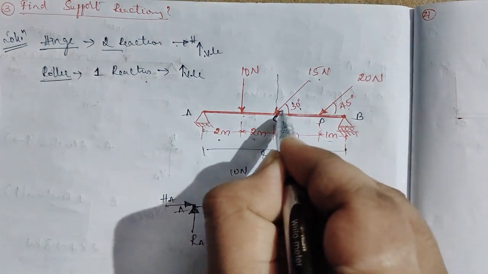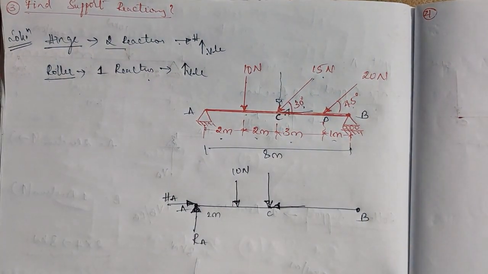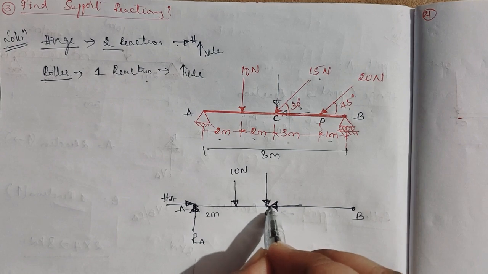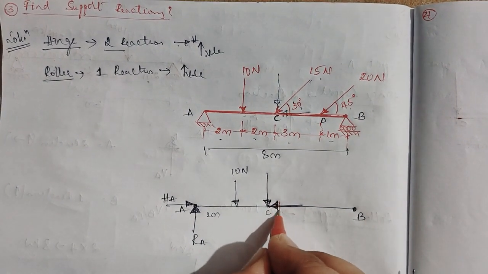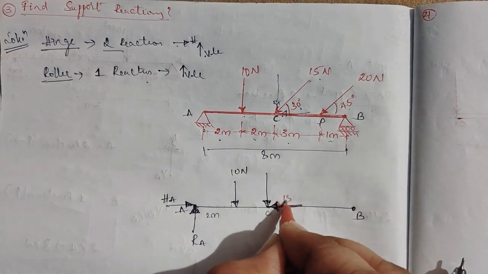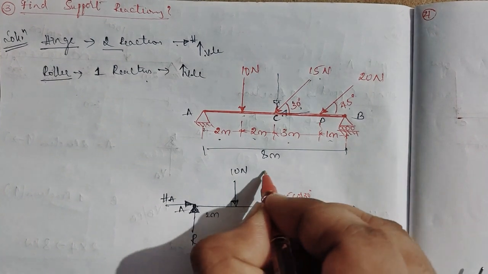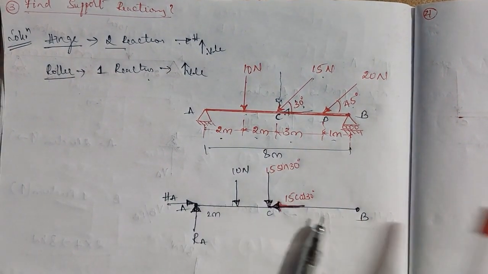I can resolve here or also here, but both are the same. So this horizontal component will be 15 cos 30 degrees, and this will be 15 sin 30 degrees.